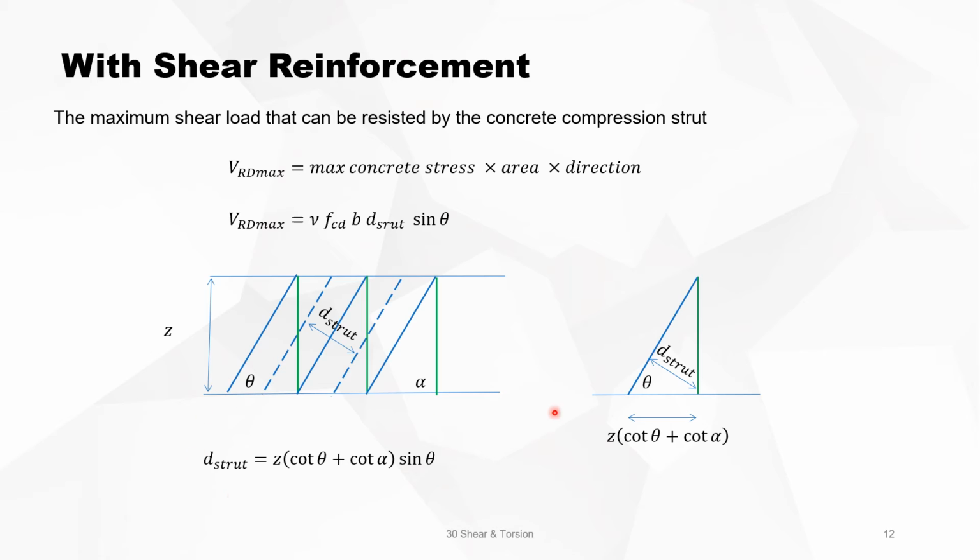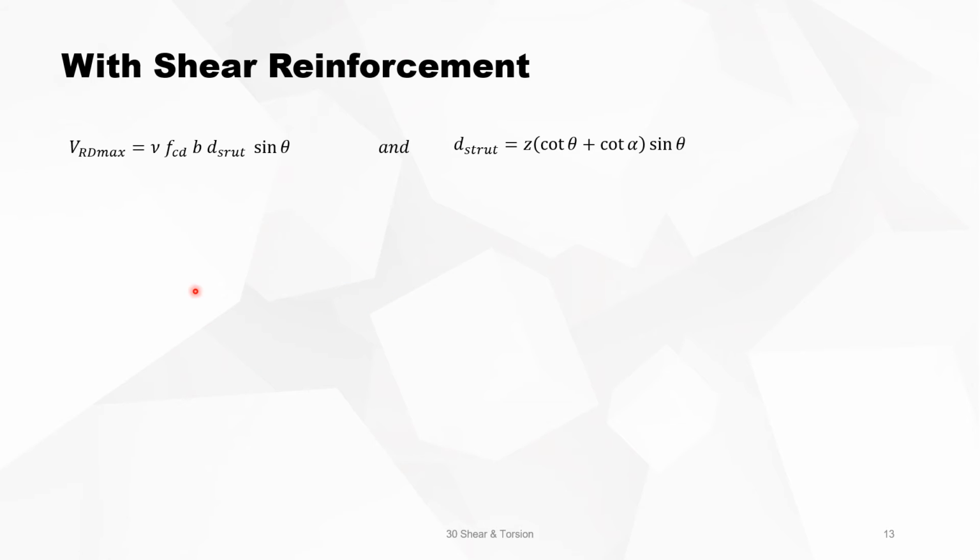If you make a little drawing, then you can easily see the relation between it. So we got VRD max. We know what the strut is, and if you fill it in, you have this.